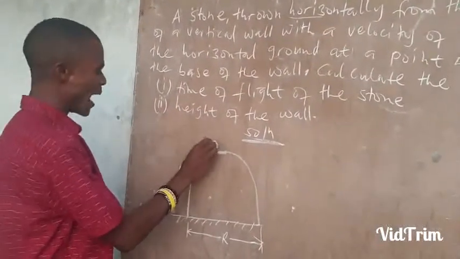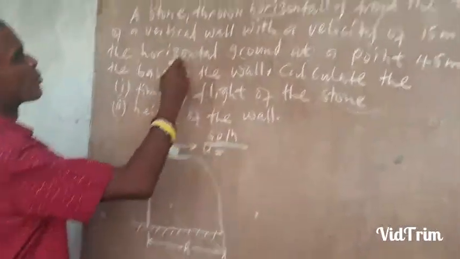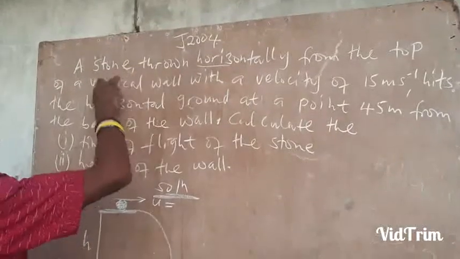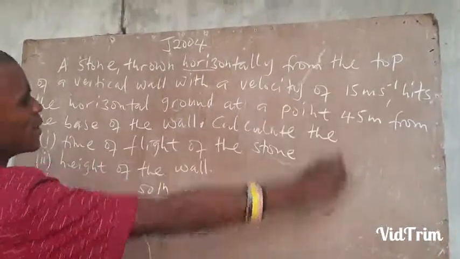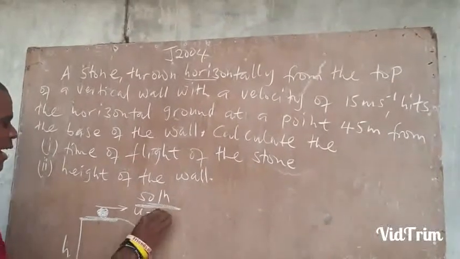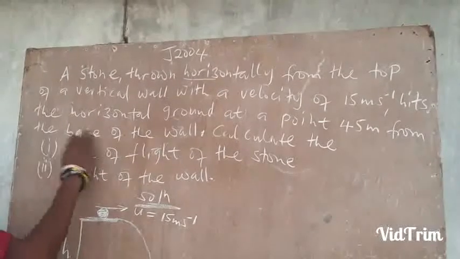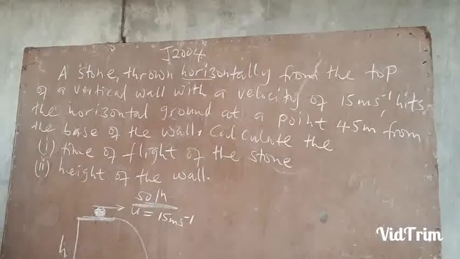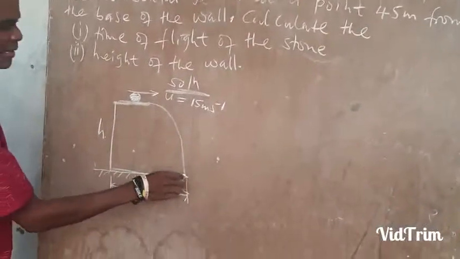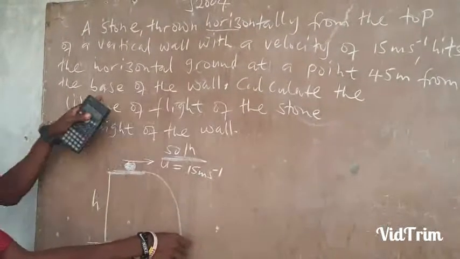Now, this whole thing is projected with a velocity. A stone thrown horizontally from the top of a vertical wall with a velocity of 15 meters per second. So the velocity here is 15 meters per second. It hits the horizontal ground at a point, and they are now saying that point is 45 meters from the base of the wall.